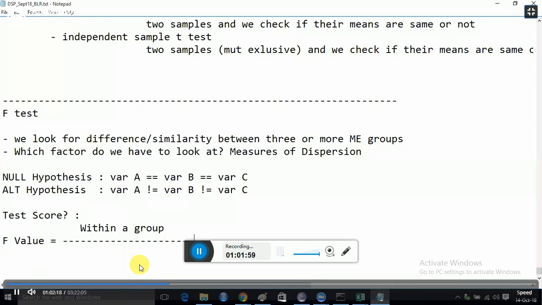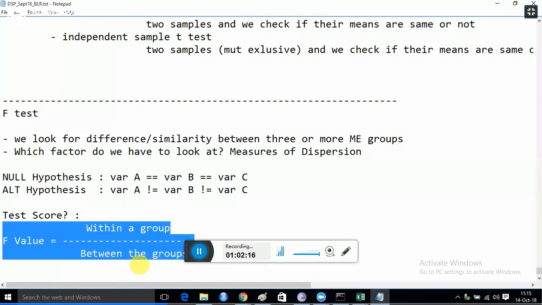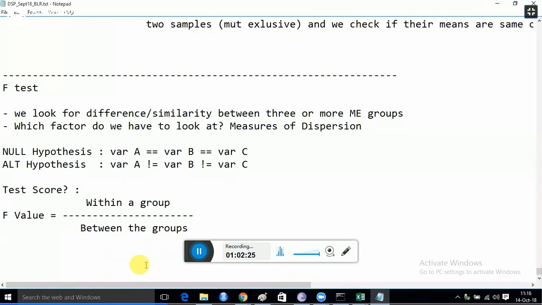I'm using the word variation, just use the word dispersion or something. That's your F value. How this F value is derived, how it is calculated, that's none of my point of discussion here. Just know that it's a ratio between variance within a group and between the groups. Your software will directly give you the F value. How it is calculated, you can better ask your stats friends. We don't need to know this.